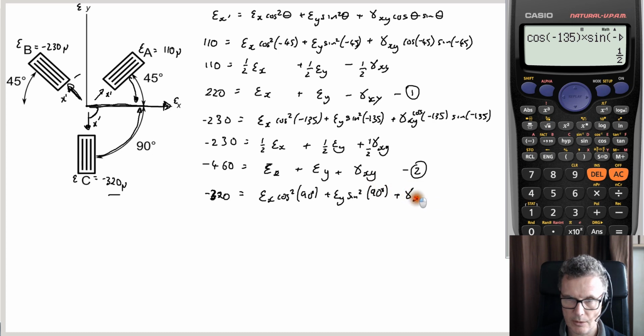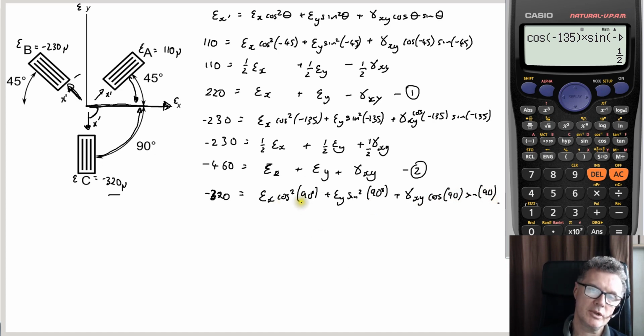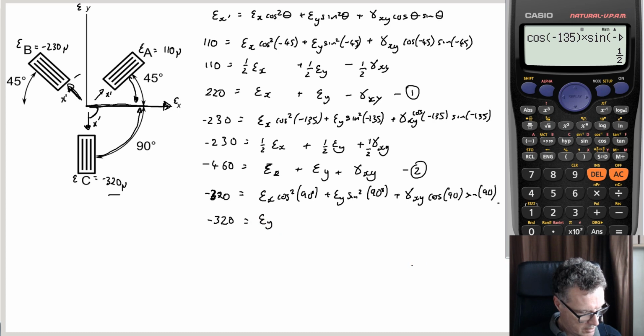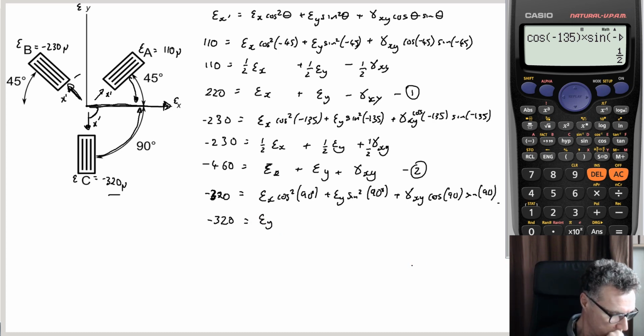Plus cos 90, going to be a 0, sine 90. Right, so that would be 0, that would be 0, so we get minus 320 equals, that would be 1. Oh, no. Right. Where can I go next?